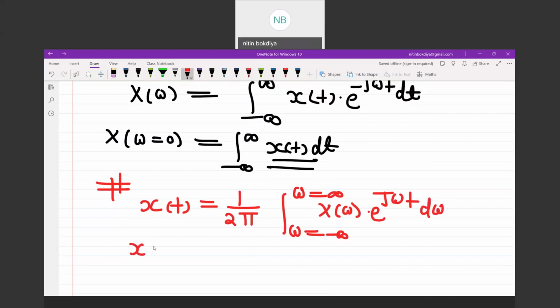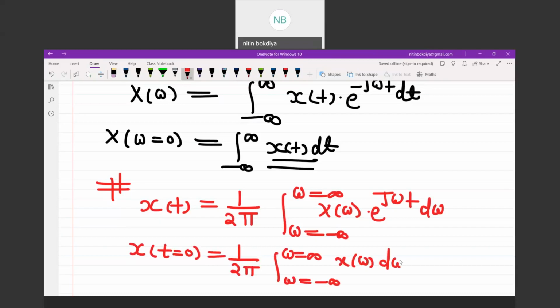If I put t equal to 0, this is 1 by 2 pi, omega equal to minus infinity to infinity, x of omega, and you are putting t equal to 0, e to the power 0 is 1. So this is x of omega d omega.